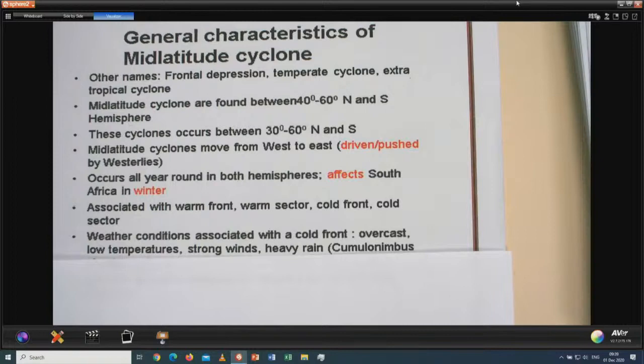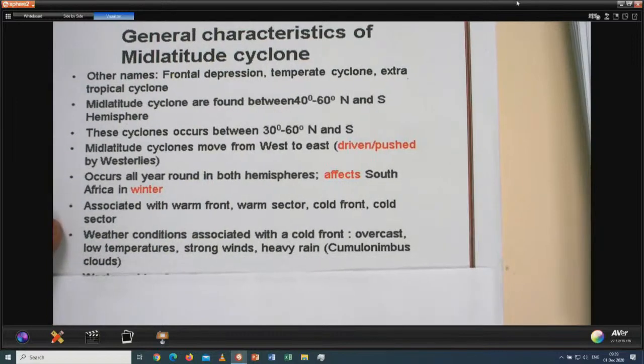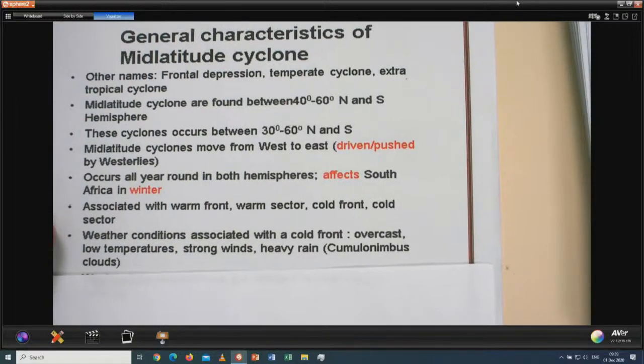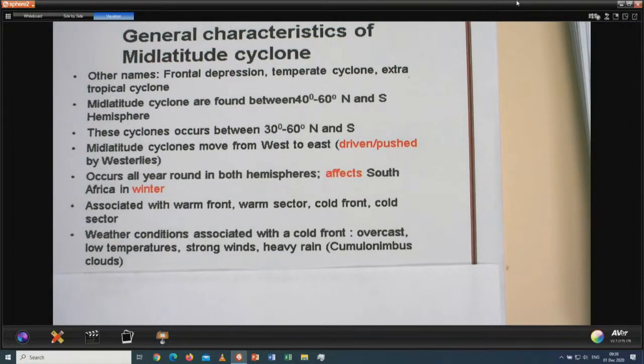Strong wind is one of the characteristics or weather conditions that should be attributed to the cold front. Heavy rainfall, the rainfall that we'll get from the cumulonimbus clouds, the clouds of great vertical extent, the clouds that cover close to 10 to 15 kilometers from the base to the top.